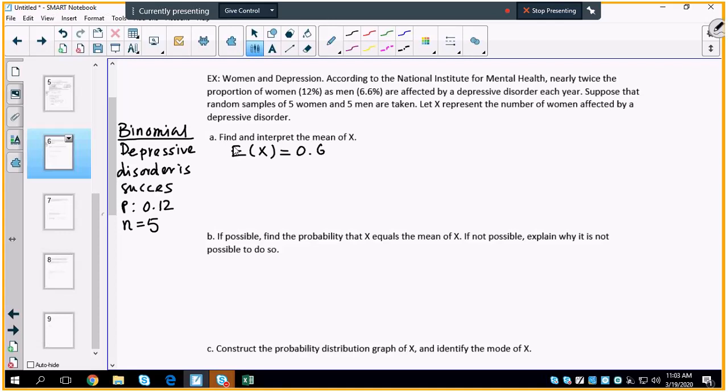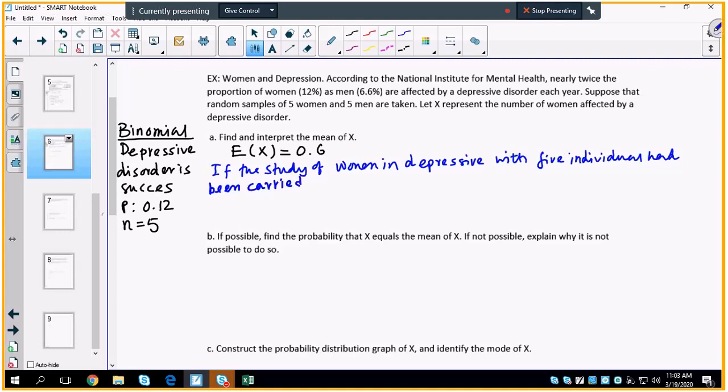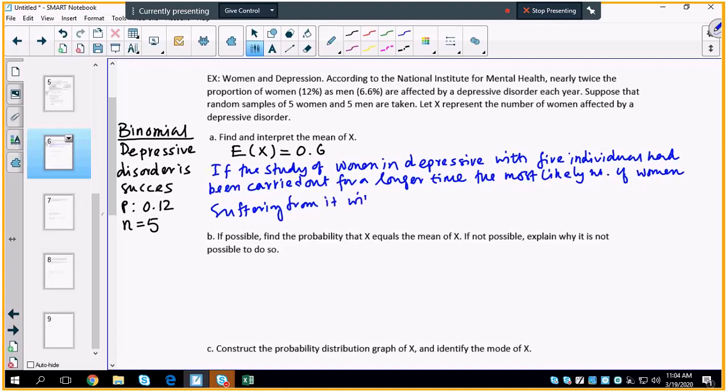In the long run, we're going to say if the study of women with depressive disorder with 5 individuals had been carried out for a longer time, the most likely number of women suffering from it will be less than 1.